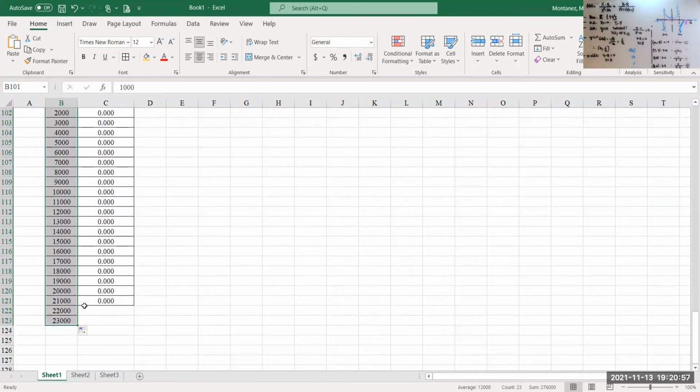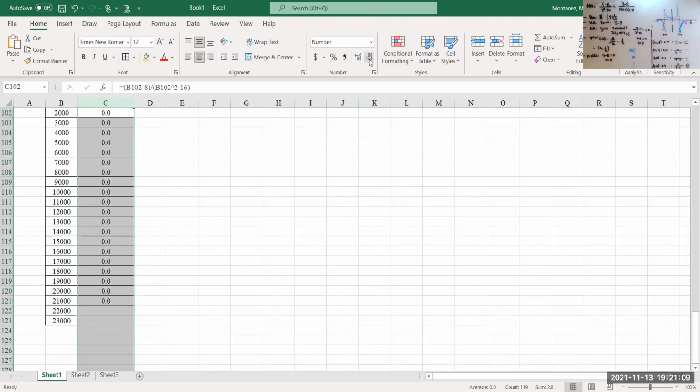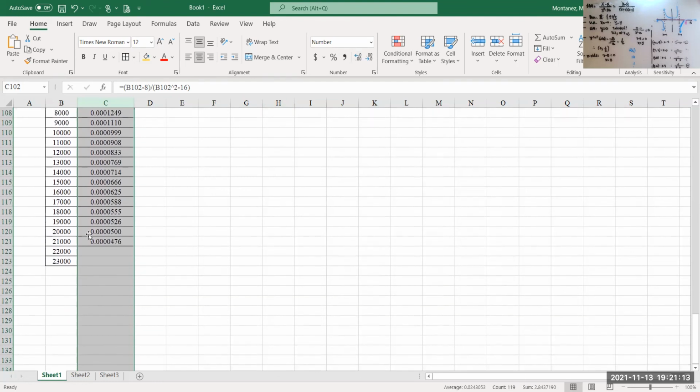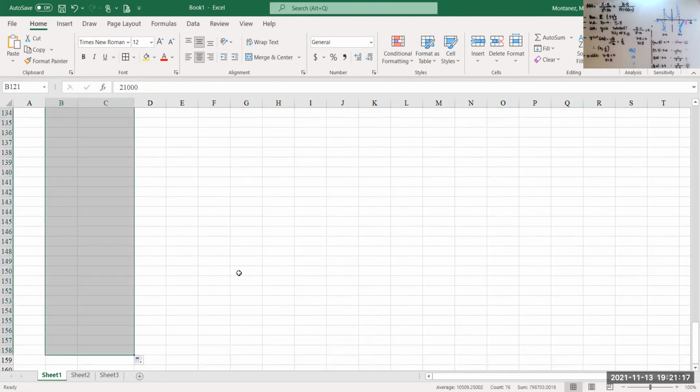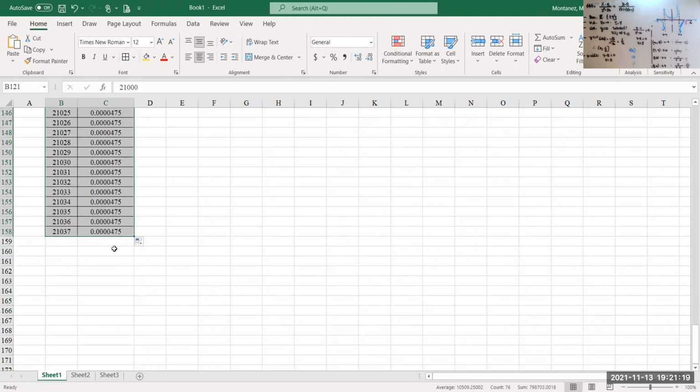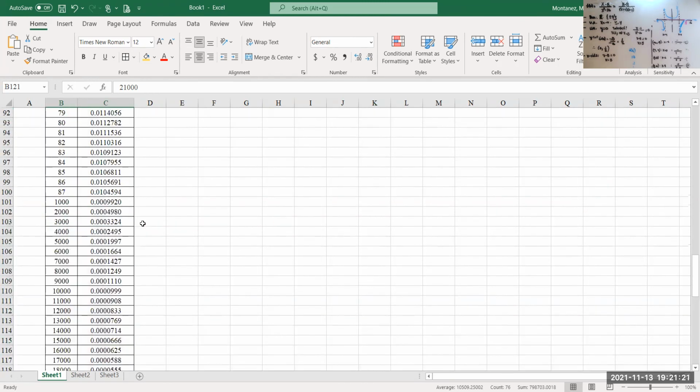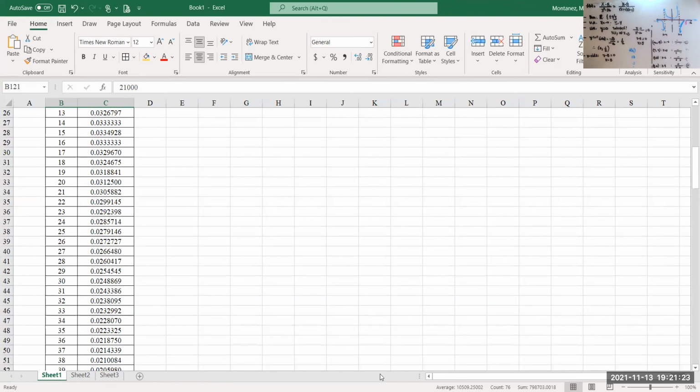Notice I make it very, very small, so it will never get to zero, but it's rounding down to zero. So anyway, you keep going like that. That's how you explore the asymptote, but I'm not going to do it. Notice it's almost zero, but we never get to zero, the bigger the x.